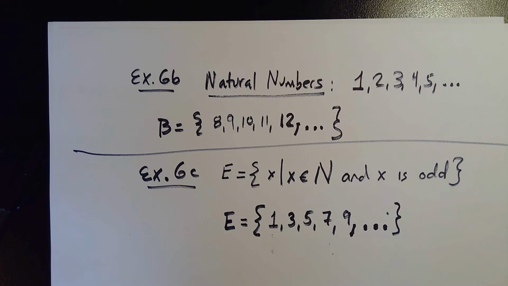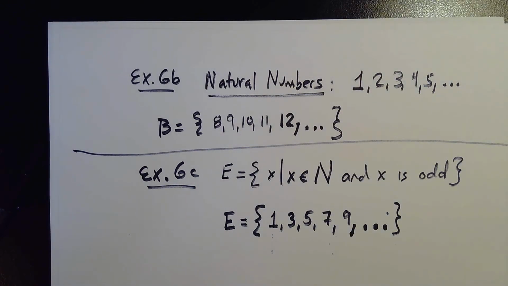For example, if you wanted to look at the cardinality of set E, you would ask how many distinct, meaning different, numbers do I see? Well, I can count 1, 2, 3, 4, 5, and then I cannot keep counting because this is an infinite set. So you can say that the cardinality of this set is infinity.